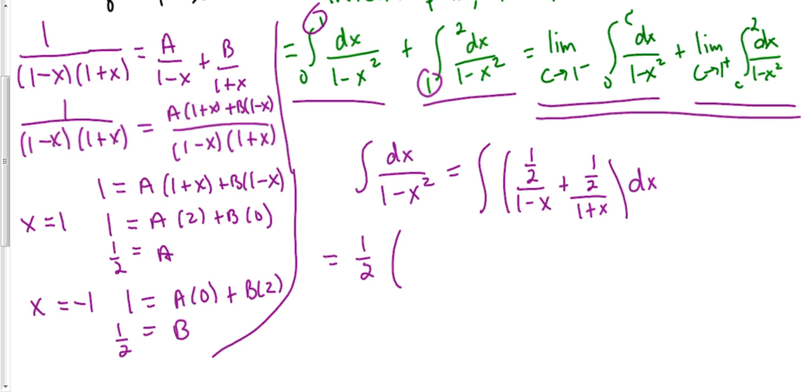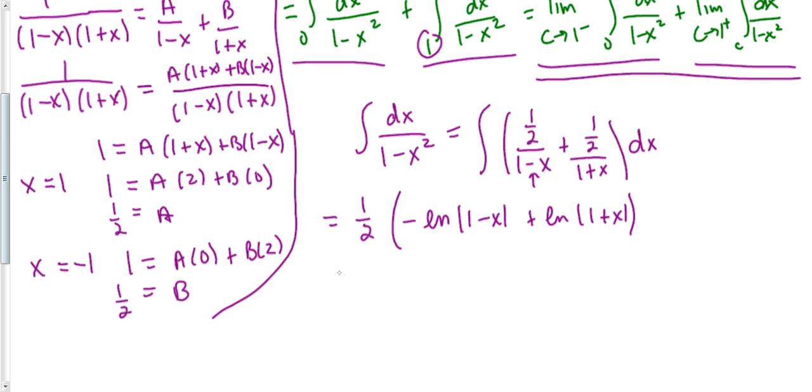I'm going to have natural logs. However, I'm going to have this negative sign here, and that means I'm going to have a negative sign when I take my antiderivative. So this gives me the negative natural log of 1 minus x plus the natural log of 1 plus x. And then I'm going to want to combine these natural logs. So I'm going to have 1/2 times the natural log of 1 plus x divided by 1 minus x.